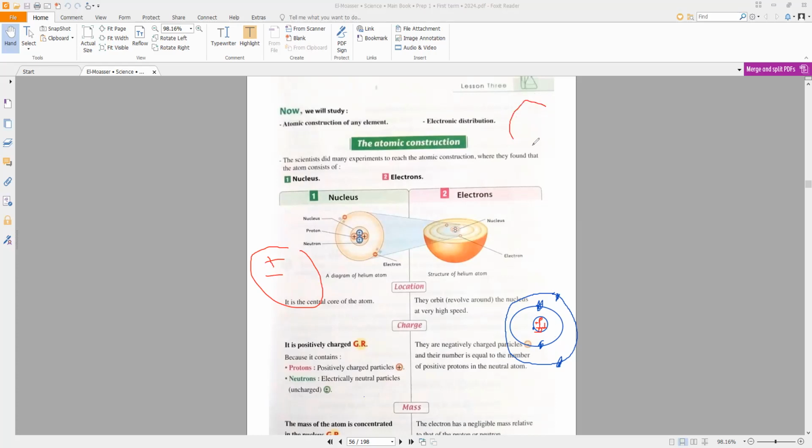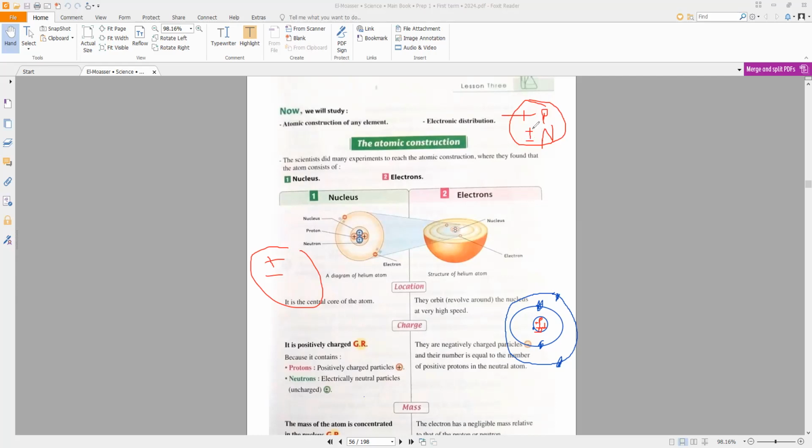Again, this is the nucleus. The nucleus consists of two particles, protons and neutrons. The symbol of protons is P and the symbol of neutrons is N. Protons have positive charge. Neutrons have neutral charge. What's the meaning of neutral charge?